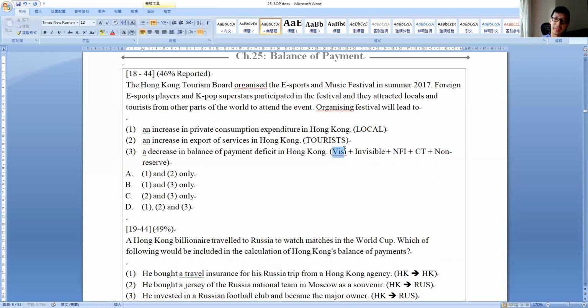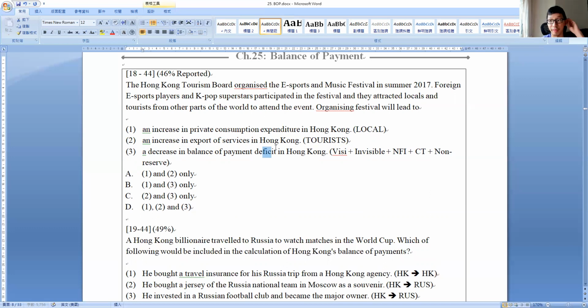Do you know anything about visible? Net factor income, CT, non-reserve. Do you know anything about that? No. So we do not know whether it would decrease the deficit. 係嘛？嗱，首先啊 we do not know anything about other components. Second, we also do not know whether in Hong Kong the balance of payment is a deficit.